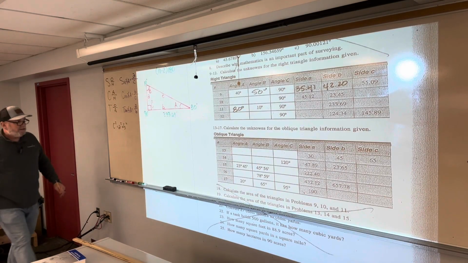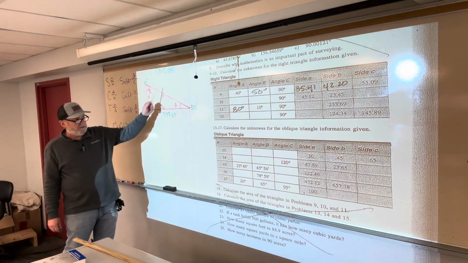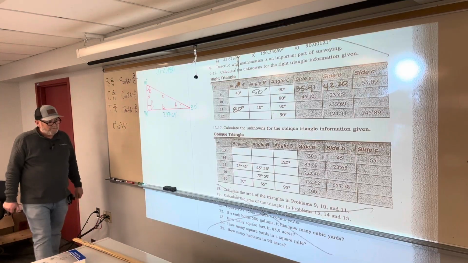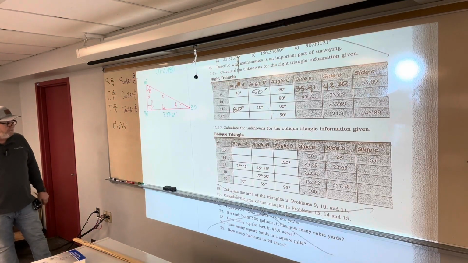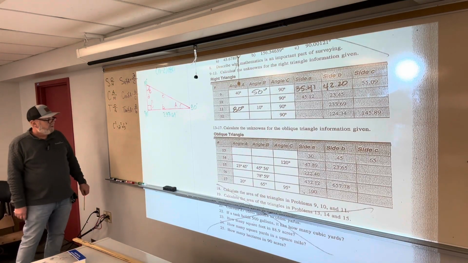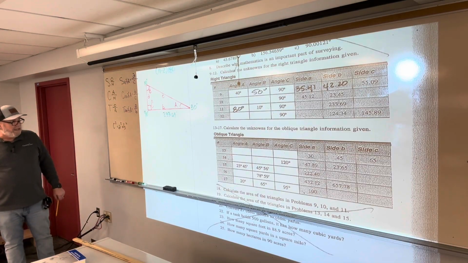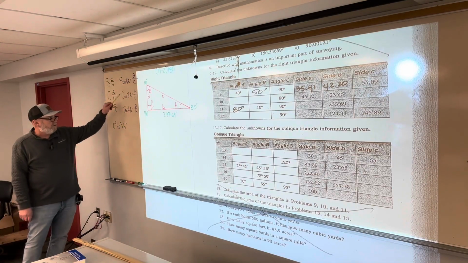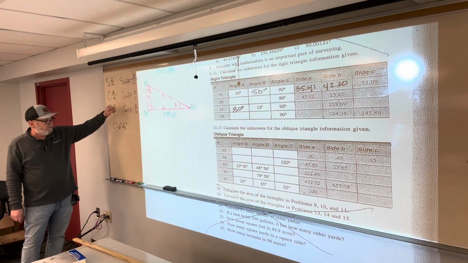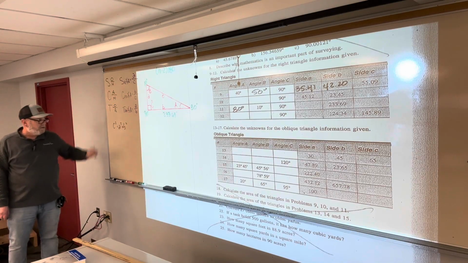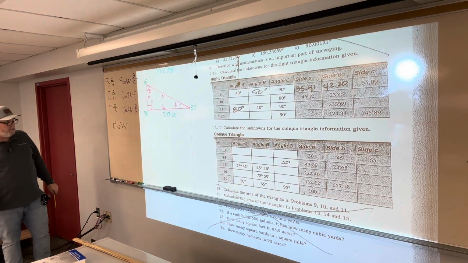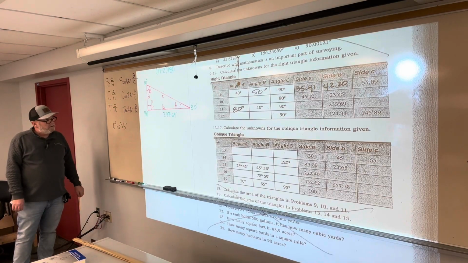So we want to find side A and side C. Start with side. We have a B, so we're going to be using one of these two first to find A or C.